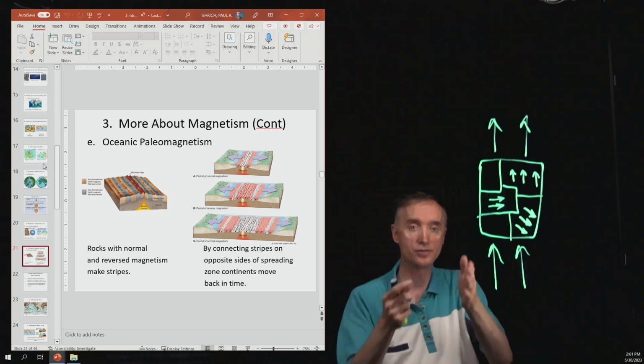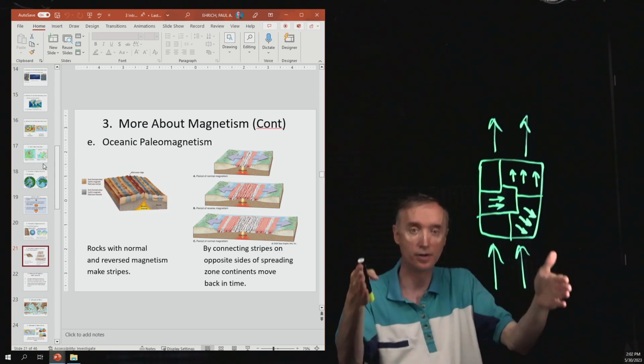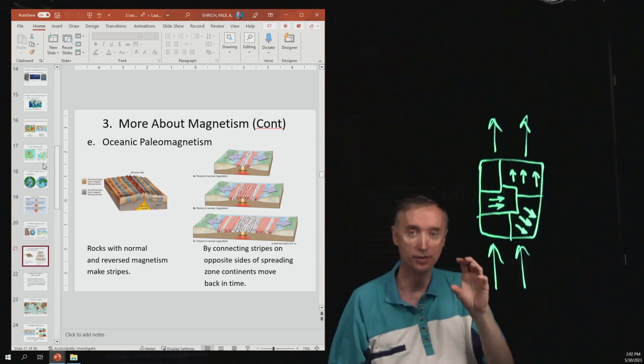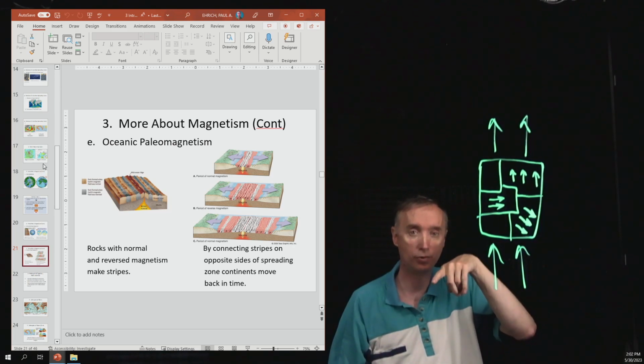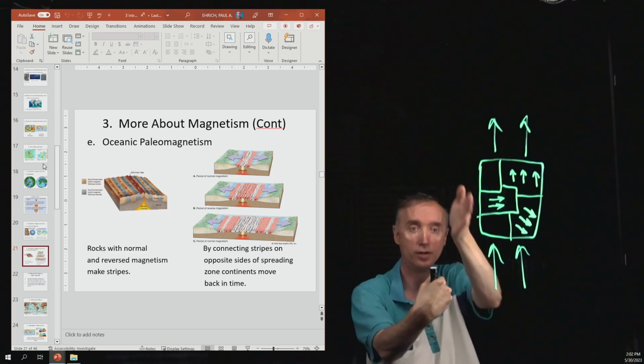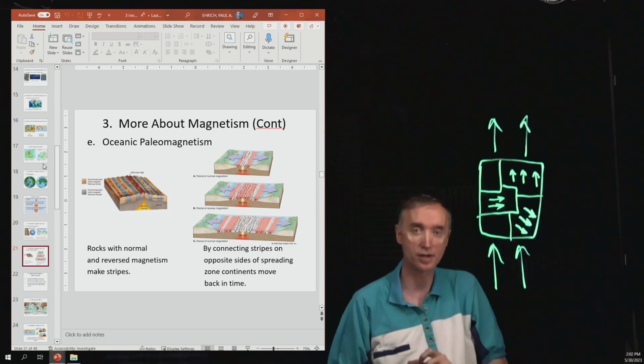So what we find are stripes of rocks on the ocean floor. They're magnetic stripes that point north, and then the one next to them points south, and then the next one points north on the other side of it.